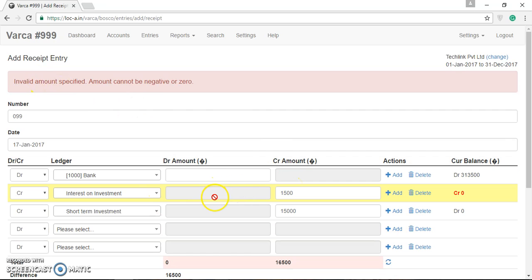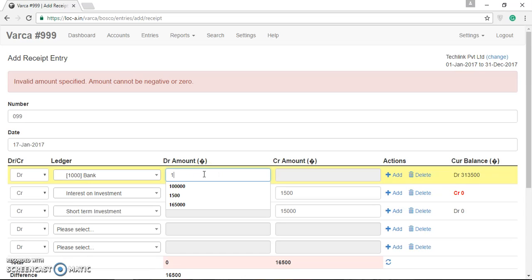Since I missed out writing on the bank column, it says invalid amount specified, amount cannot be negative or zero, so there cannot be chances of mismatch of accounts in this case.